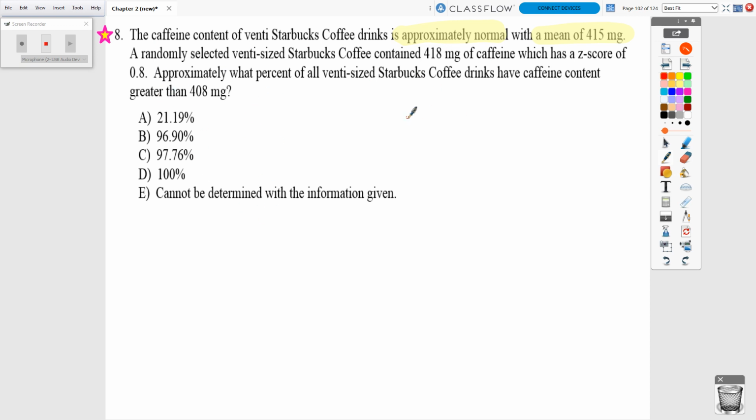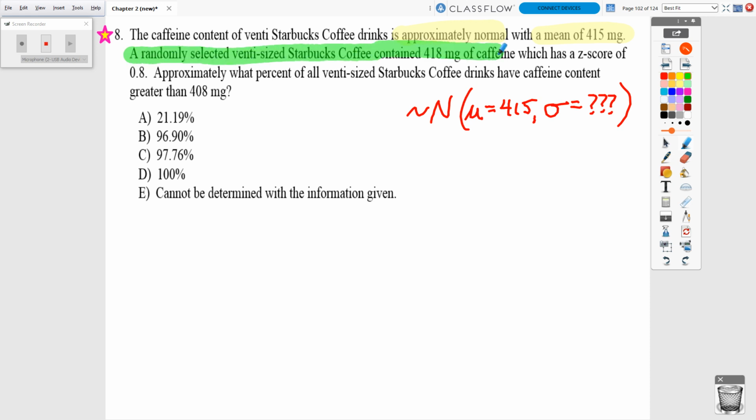All right, so we know we have an approximately normal distribution with a mean of 415, but we are missing a standard deviation. Now, that second statement there, they said, hey, we went by Starbucks and we grabbed a venti-sized Starbucks coffee, and that one coffee contained 418 milligrams of caffeine, which gave it a z-score of 0.8.